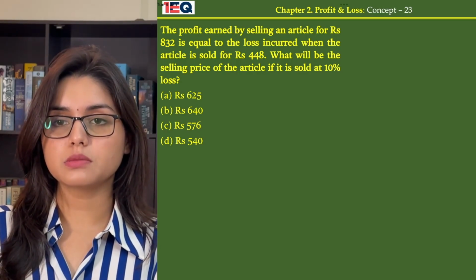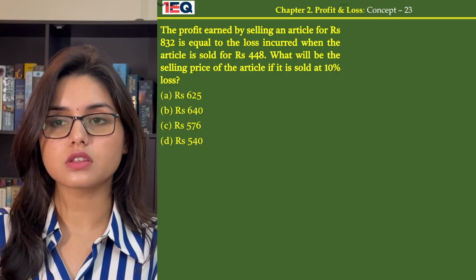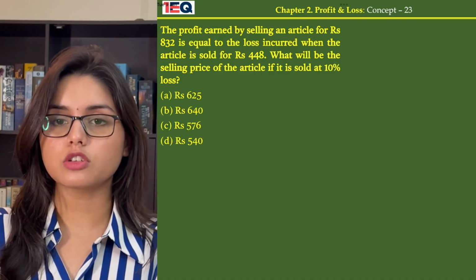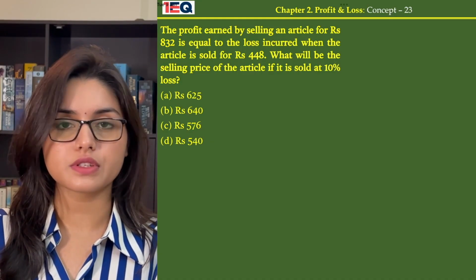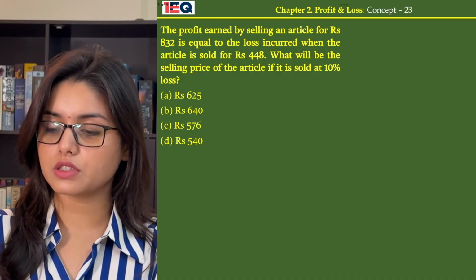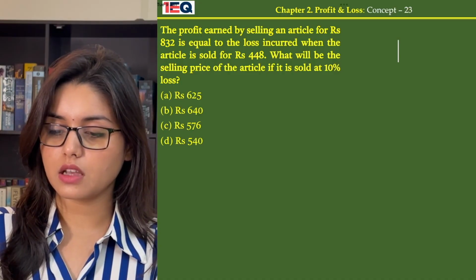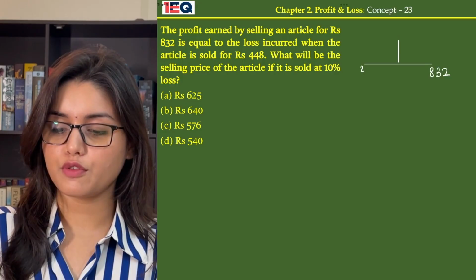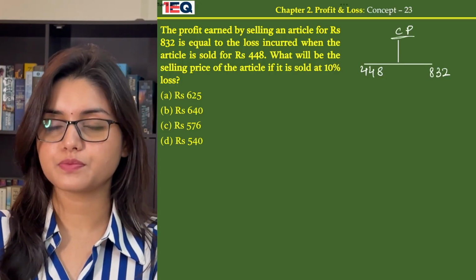The profit earned by selling an article for rupees 832 is equal to the loss incurred when the article is sold for rupees 448. What will be the selling price of the article if it is sold at 10% loss? So, in the given question, we know that an article is sold at 832 and 448. We need to find the CP.